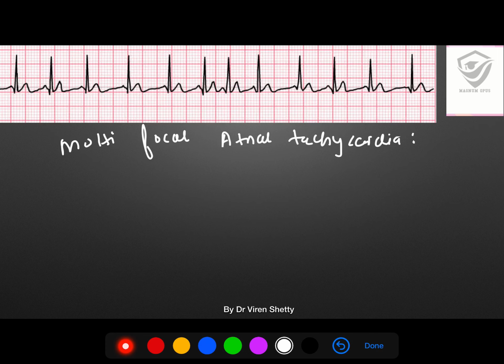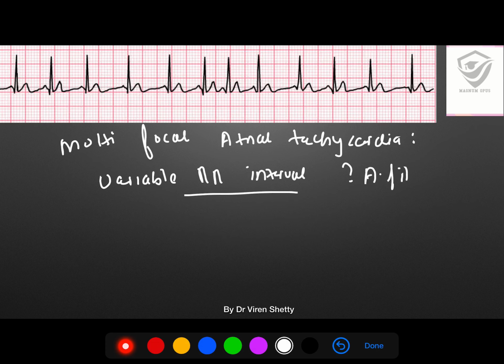In multifocal atrial tachycardia, there will again be a variable RR interval. So first we'll note down the points, then we'll try to see them in the ECG. You will have a variable RR interval. When you see a variable RR interval, you will think of atrial fibrillation, but I'll give you the next point which will take atrial fibrillation out of the diagnosis.